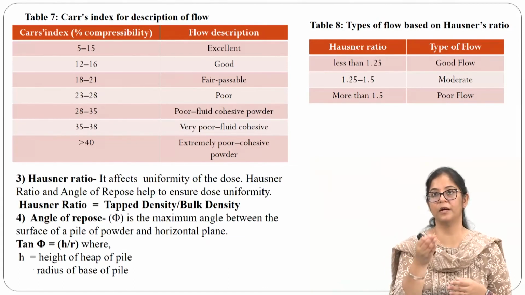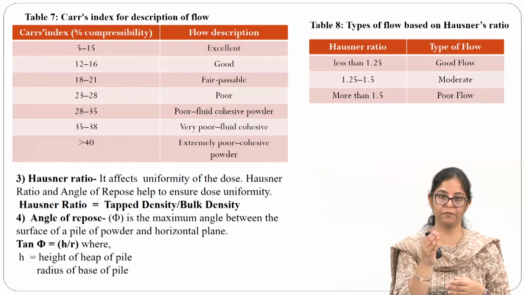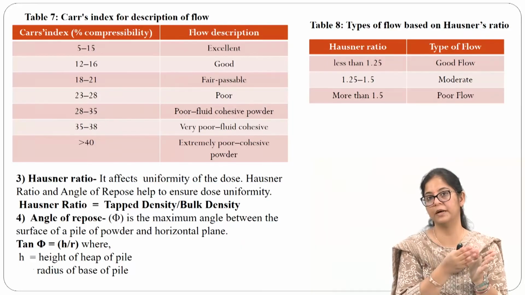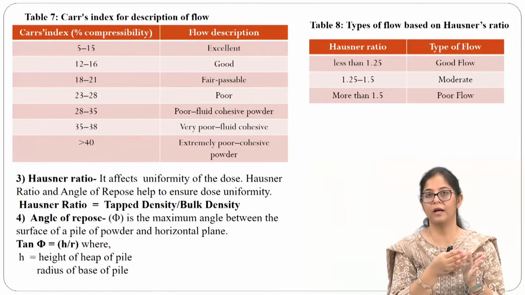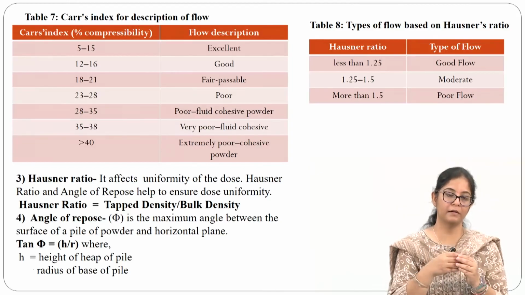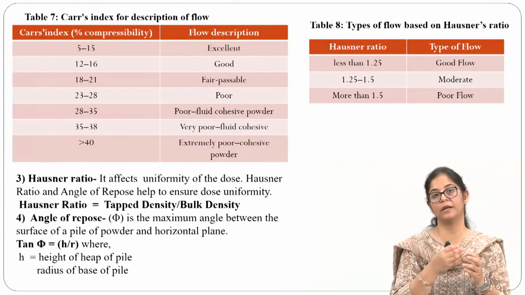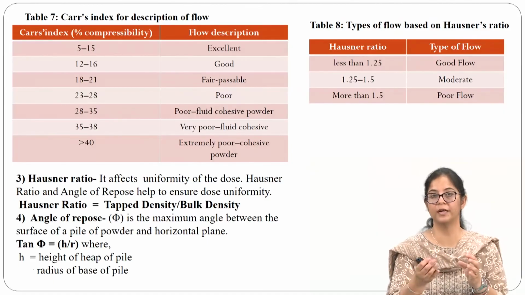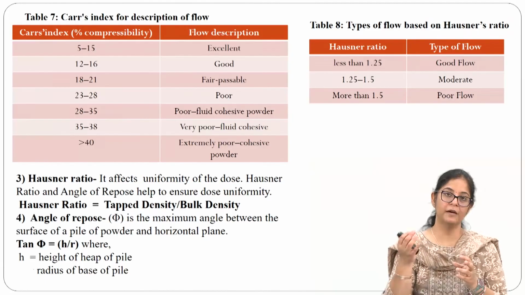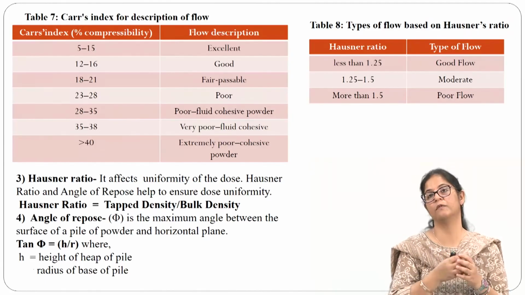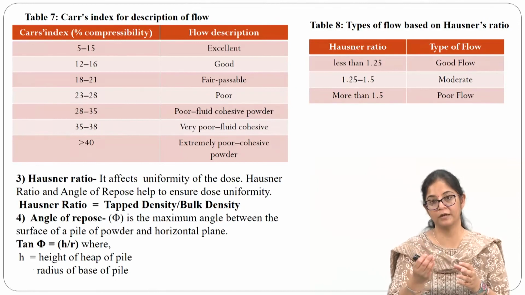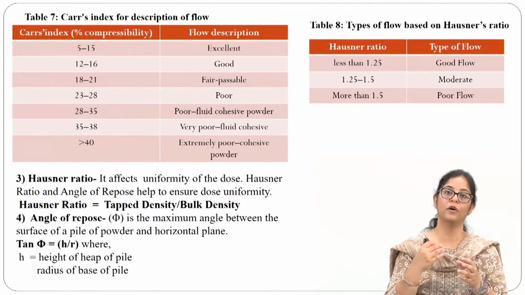As we have seen, these flow properties as well as compressibility are all guided by the particle size and its arrangement. So we can either use fillers, or we can use excipients like glidants or lubricants, so that the flow property of the material can be enhanced. If it's a coarser particle, we can go for spray drying and we can get a smoother morphology so that it flows properly.